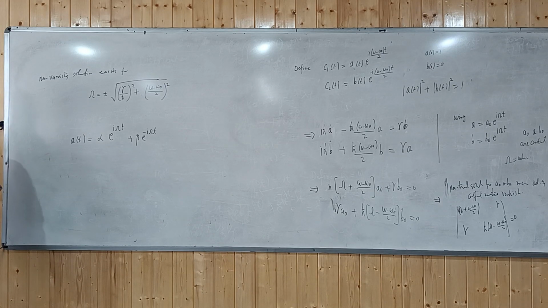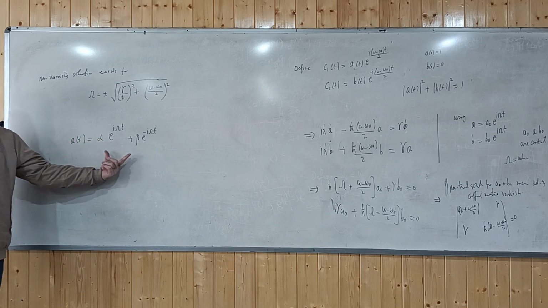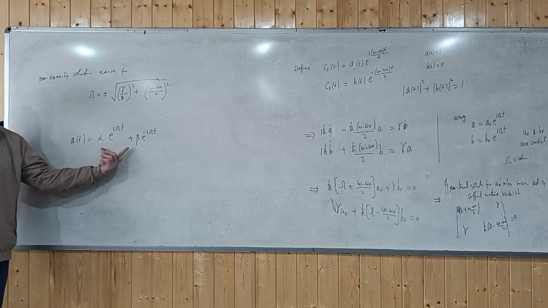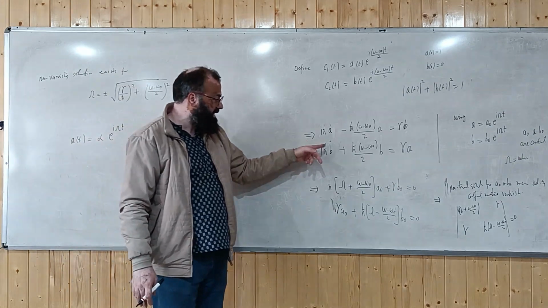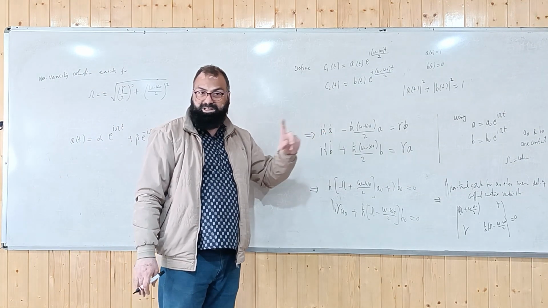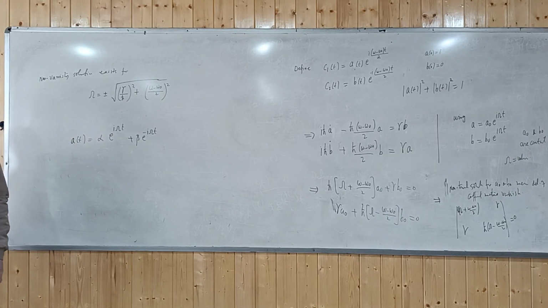Clear? Yes, sir. Where does this come from? You are having coupled differential equations. That's why you are having two constants. Two coupled differential equations give you two constants. In other words, if you put it only in terms of A, then you will be having a second order differential equation in A. That's why you put two constants here. Clear?